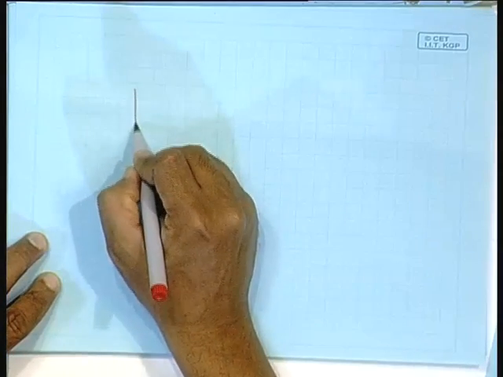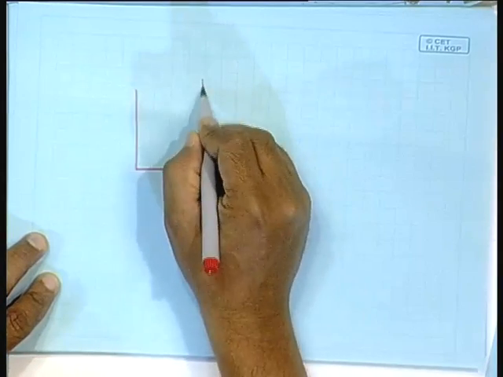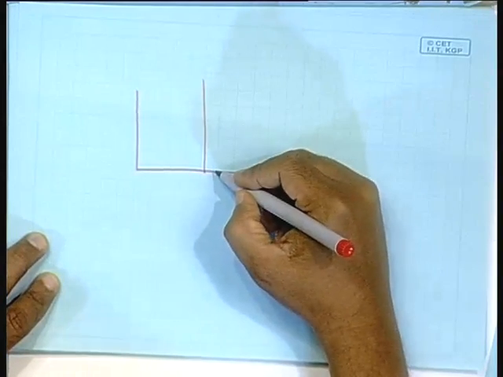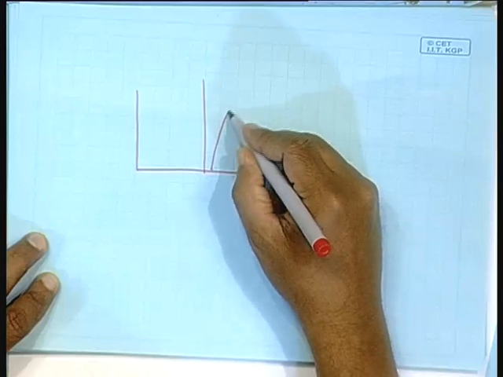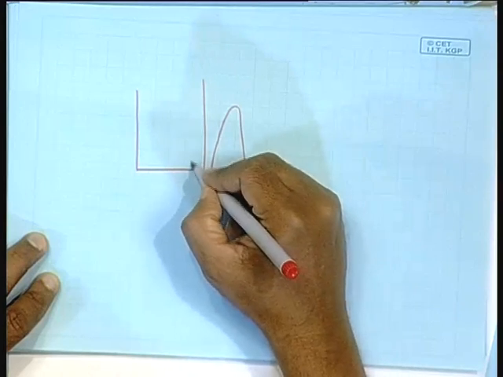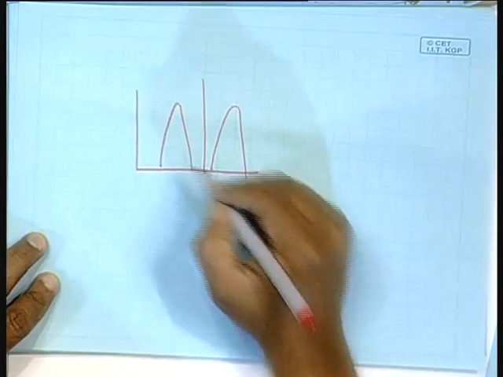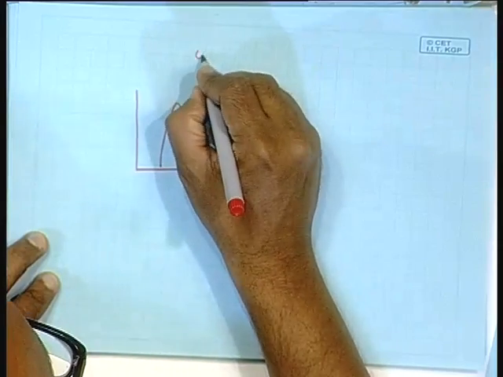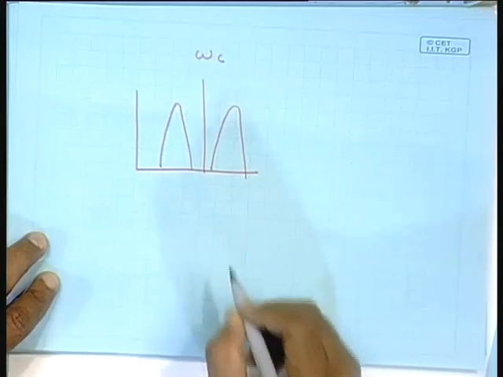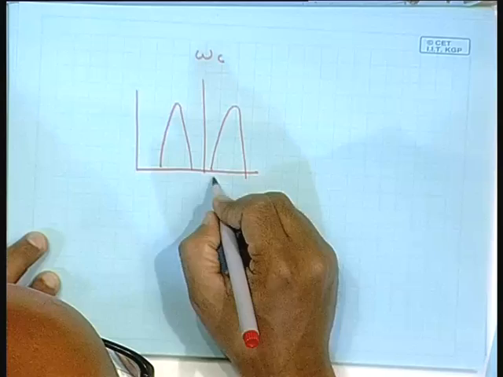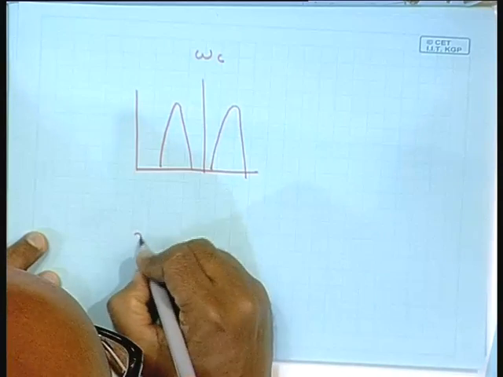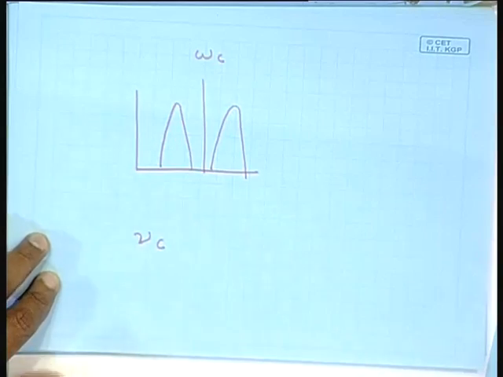Instead of producing sidebands which are at single frequencies, you are going to produce sidebands which will look like this on both sides. You will have two bands, and this is the omega carrier. If I work in terms of nu, the carrier frequency is nu c.